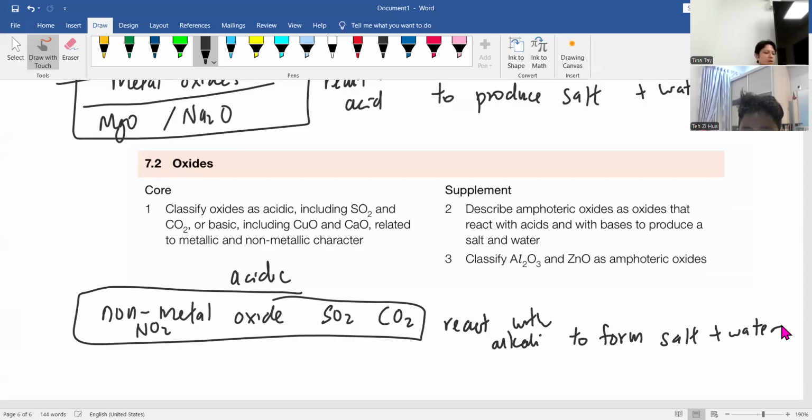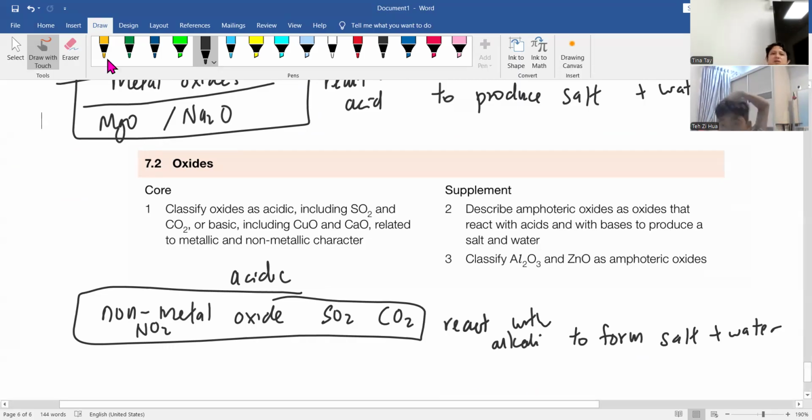Get it? So a basic oxide reacts with acid to form salt and water. An acidic oxide reacts with alkali to form salt and water.